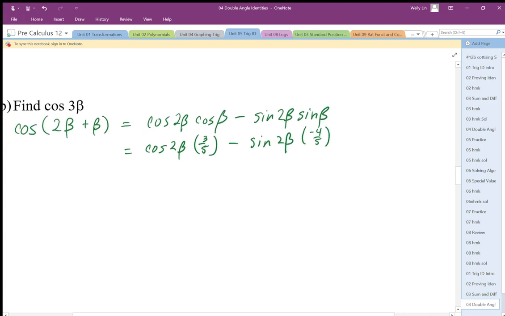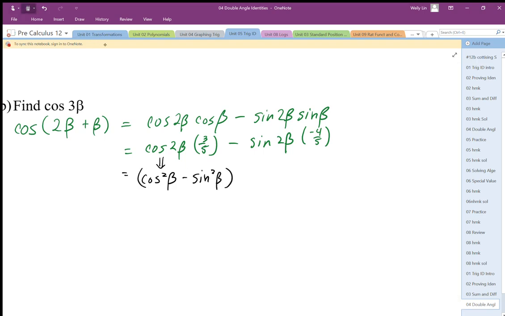I still need to find a ratio for 2 beta. I don't have a picture for 2 beta, so I'm going to have to apply a formula for that one. I'm going to use the cosine formula, and I can have my choice of any one of those 3, but I'm just going to use cos squared minus sine squared.